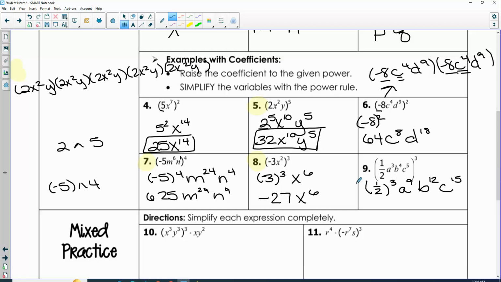It may give you a decimal if you hit math number 1. Remember, it'll convert it back into a fraction. What do we get? So 1/8. A to the 9, B to the 12, C to the 15.